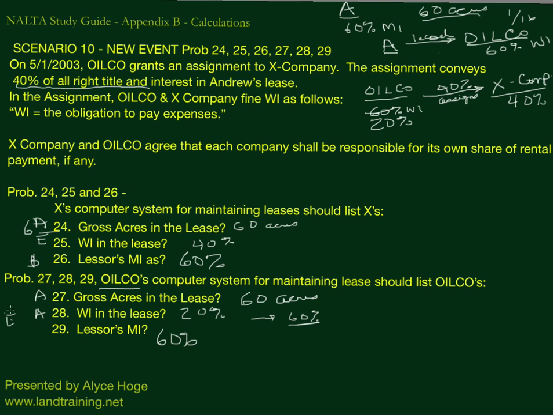But that is the question mark right there. And then 29, Oilco's computer system should list their lessor's mineral interest as 60%, and that is B. So now let's go on to the final two problems under scenario 10, problem 30 and problem 31.